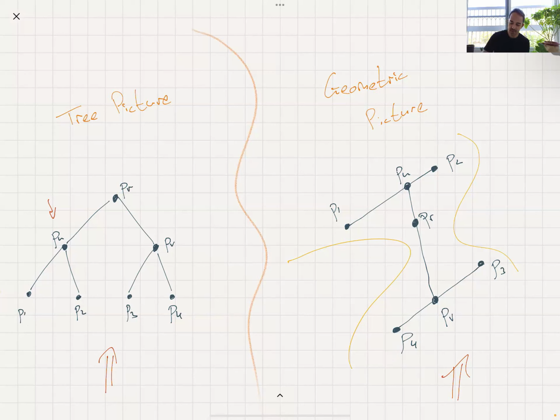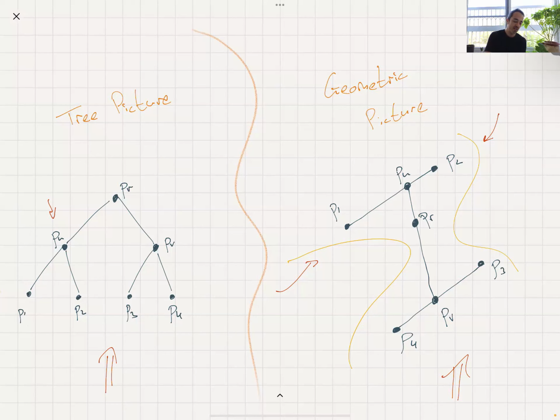And this yellow curve is the double root manifold. So saying that P1 and P2 have a common interlacing, property 3 tells us that this line doesn't cross the manifold. And also the segment between P3 and P4 doesn't cross the manifold.